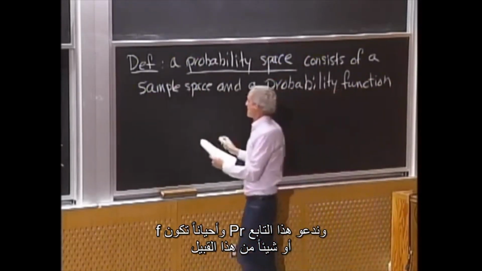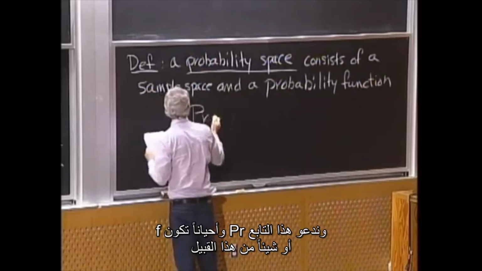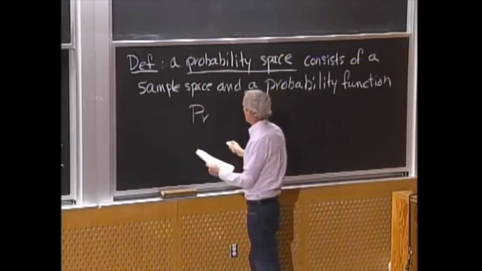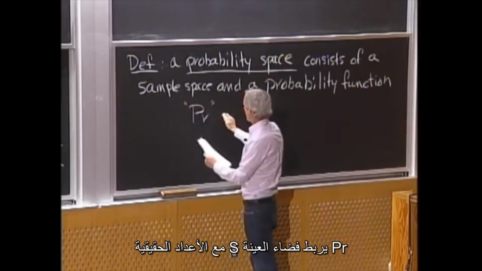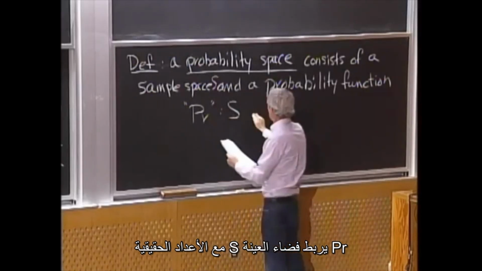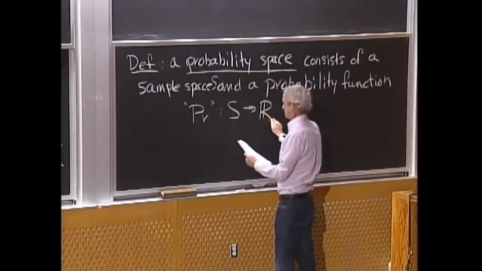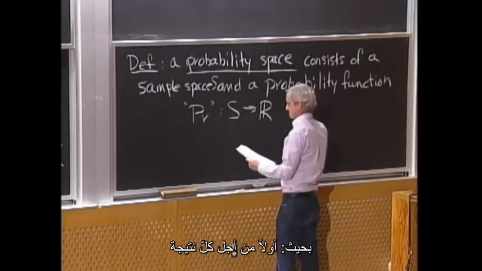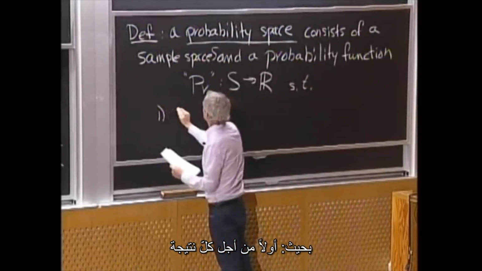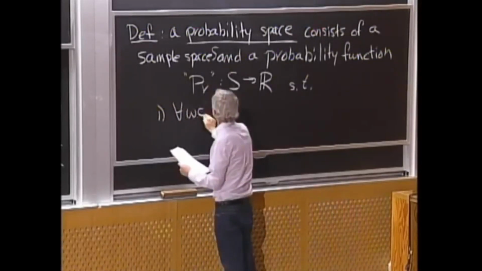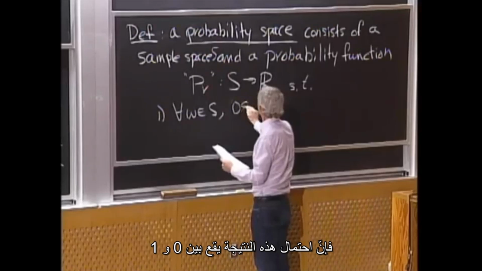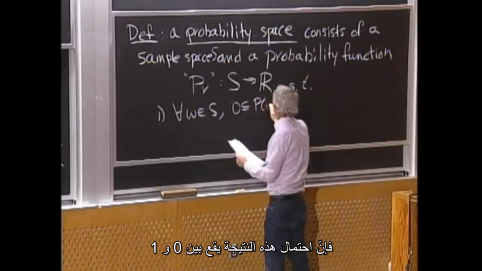That maps, and we call this function usually PR. Sometimes it'll be F or something like that. But PR maps the sample space, S, to the real numbers, such that, first, for every outcome in the sample space, the probability of that outcome is between 0 and 1.